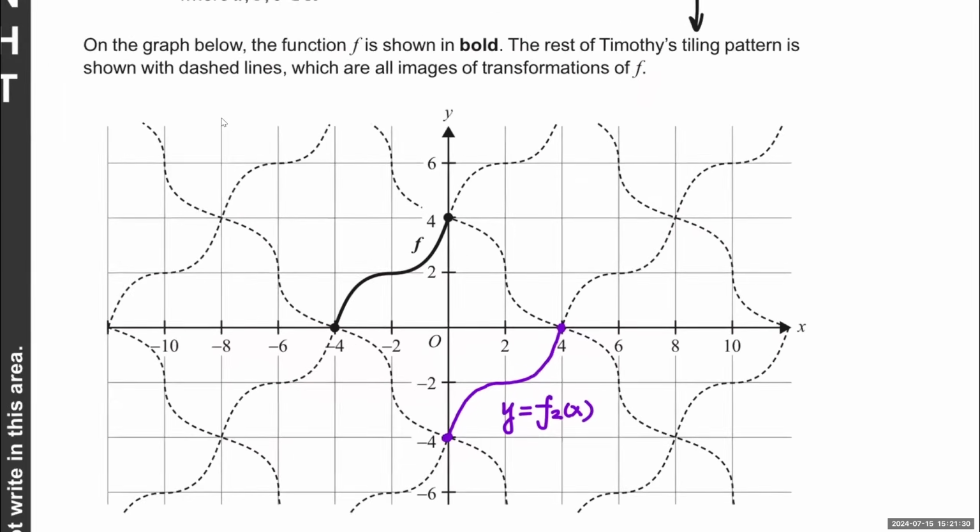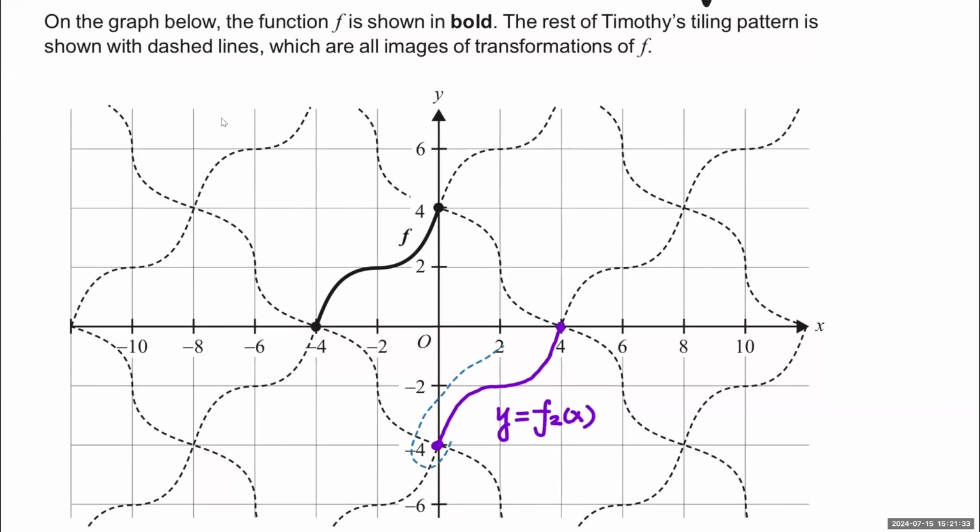Well, let's say I replicate a part of this f here. If I translate it 4 units, and then 4 units upwards, you can see the blue part is continuously joined with the black part.